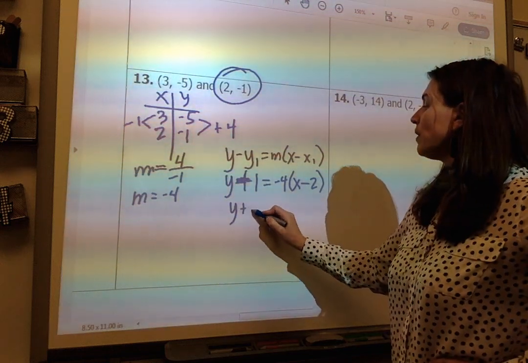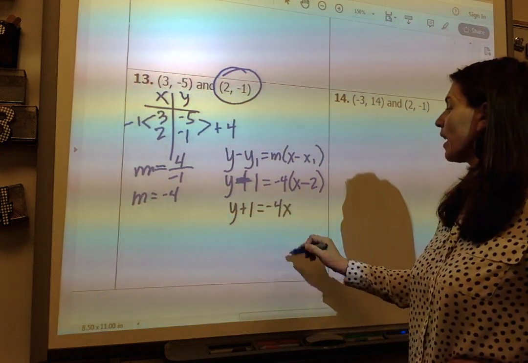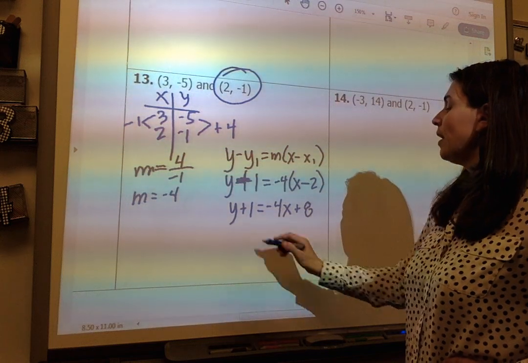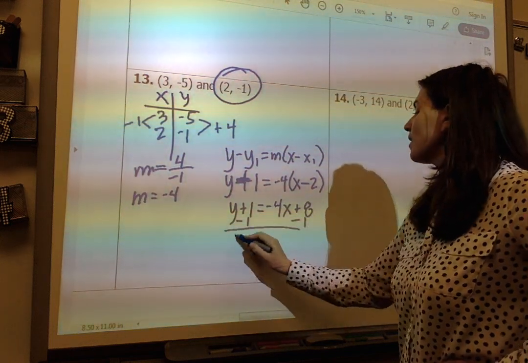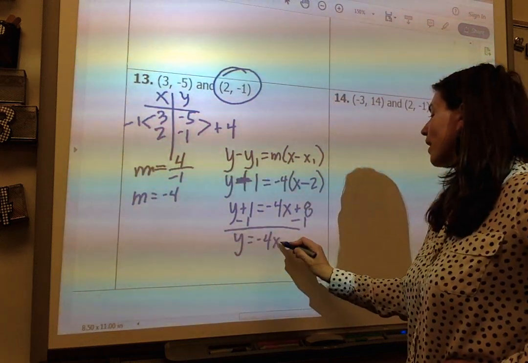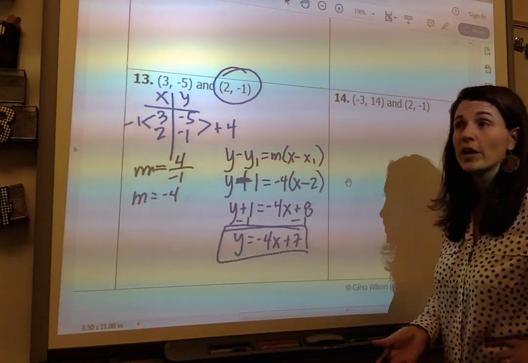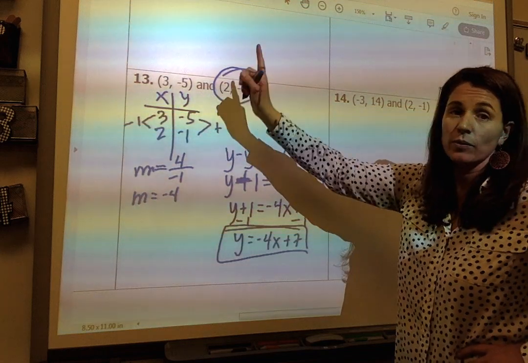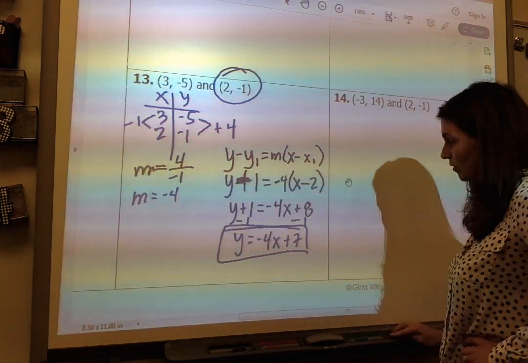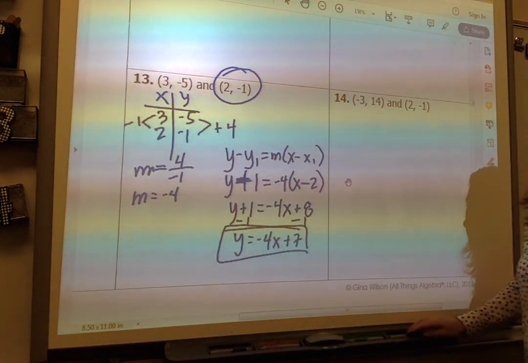So now I get y plus 1 equals, distribute that -4, and when I subtract 1 on both sides, I get y equals -4x plus 7. So there is my linear equation given 2 points. One, I found my slope, then I used my formula.